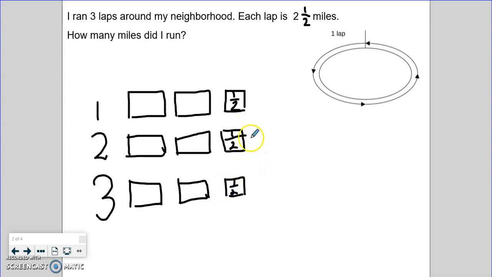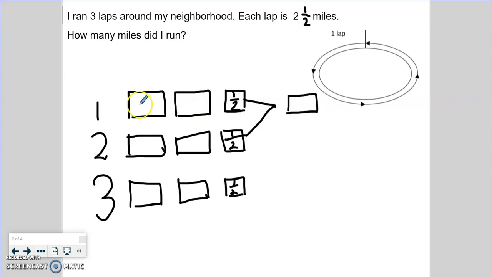So, what do we know about halves? How many halves make one whole? Correct. 2 halves make 1 whole mile, right?